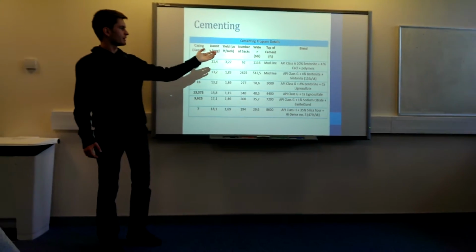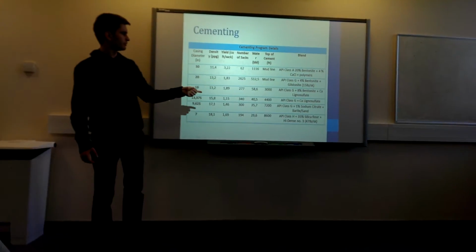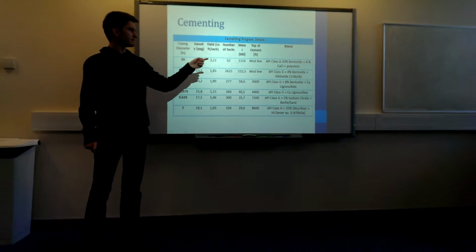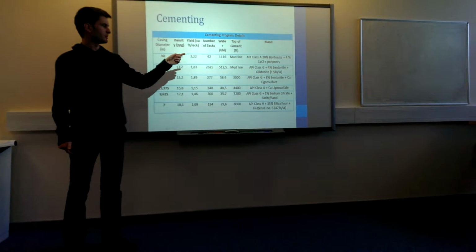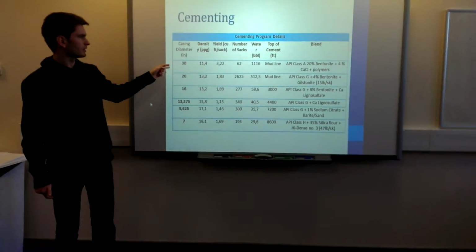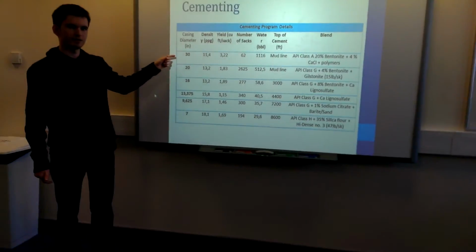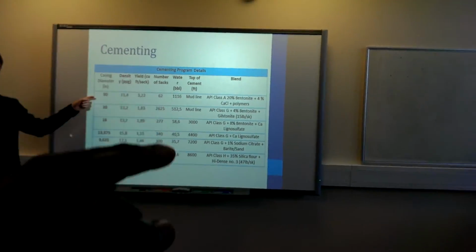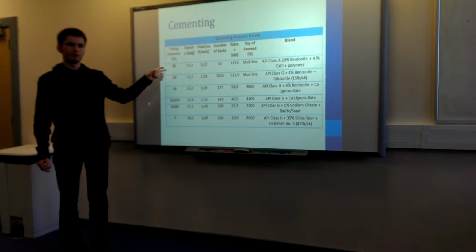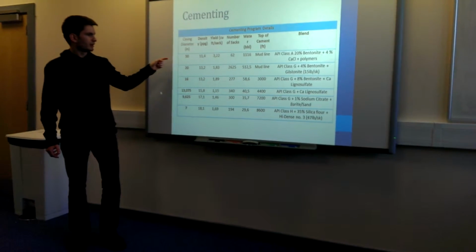Blends for the cements are shown in the last column of the table, and there the classes of the cements and certain types of additives are also specified, because for the conductor casing cementing we were required to have some additives to mitigate the water loss.